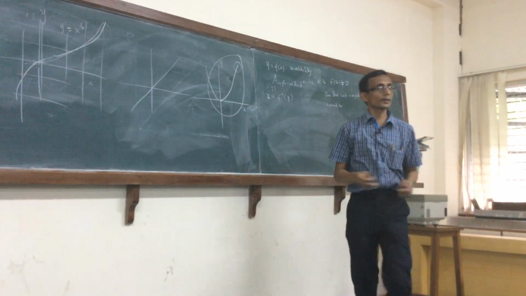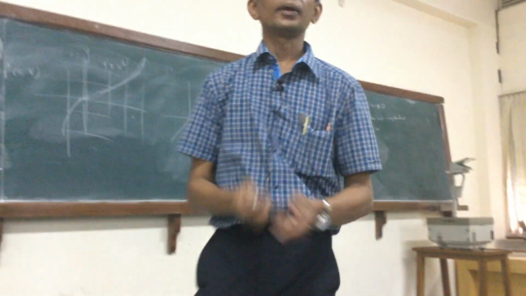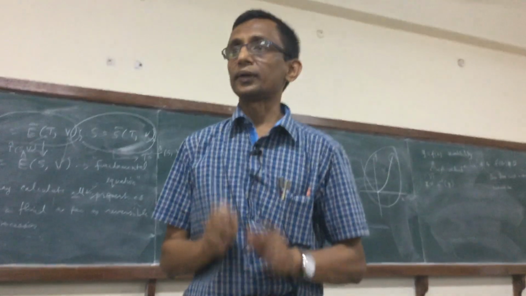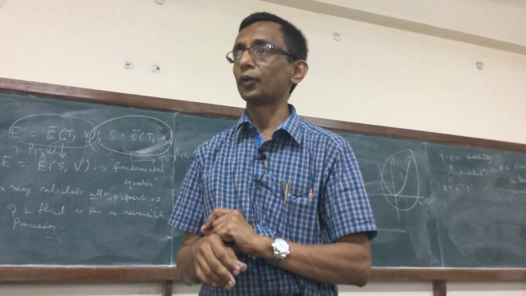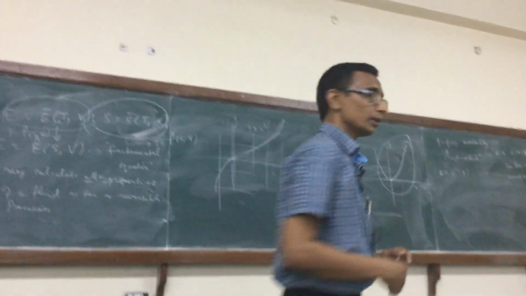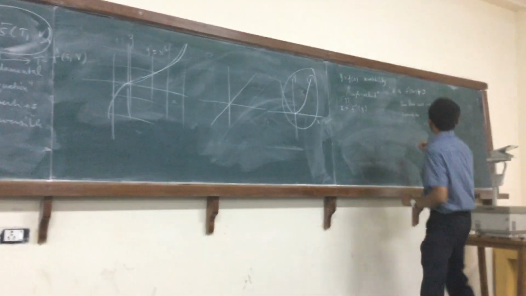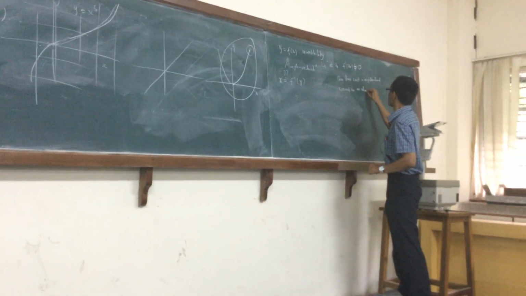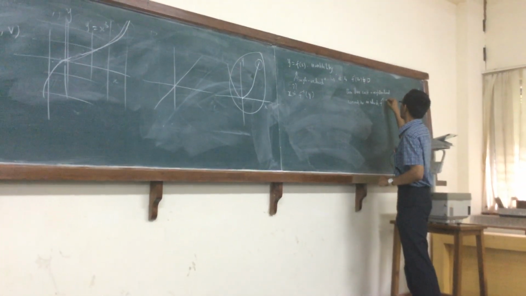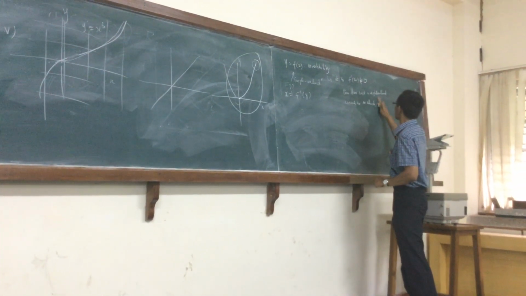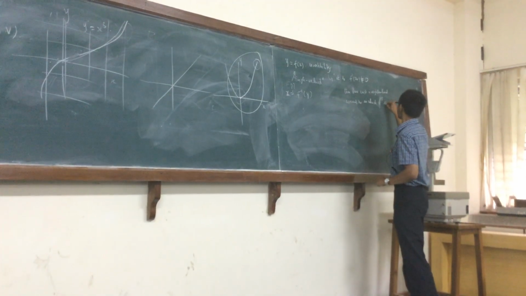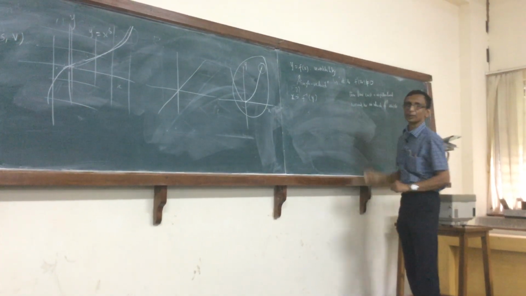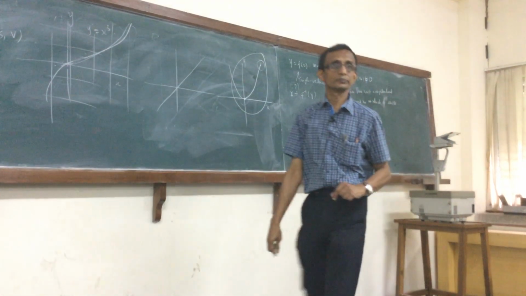The theorem doesn't help you to estimate the range of that neighborhood. It simply says there exists at least a small neighborhood in which f inverse exists. That means the function can be inverted.